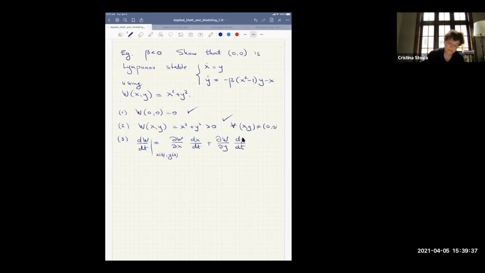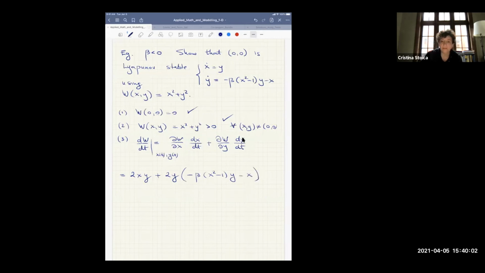Now the mess starts. So dW/dx is 2x, yeah. dx/dt is y, fine. Plus dW/dy, 2y, times dy/dt, minus beta times (x squared minus 1) y minus x.